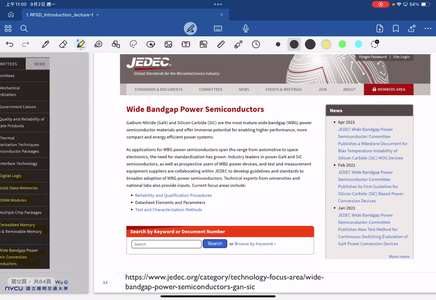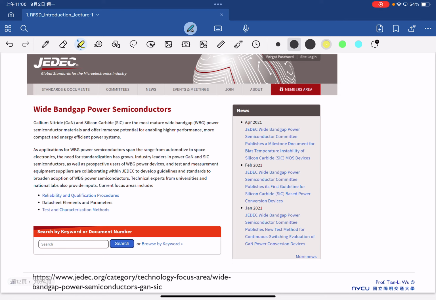Since I'm the guy working on wide bandgap power devices, I use this wide bandgap semiconductor as an illustration, as an example, to let you know what is actually inside the standards.